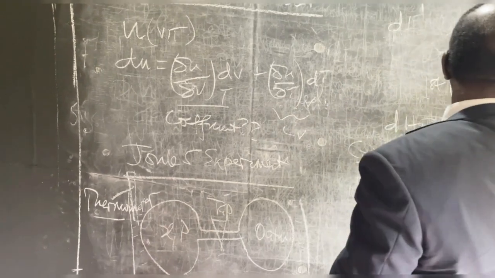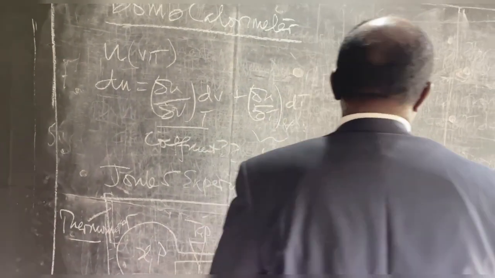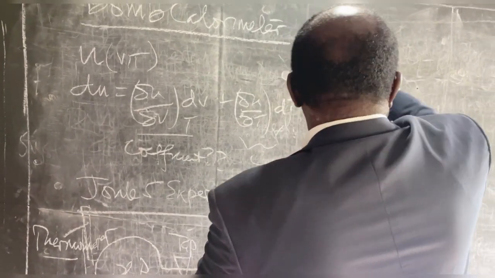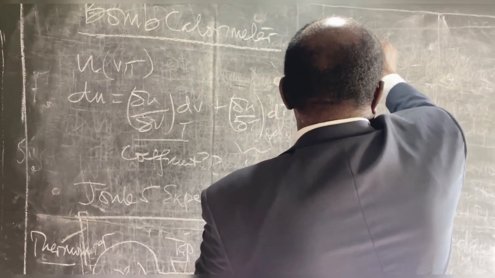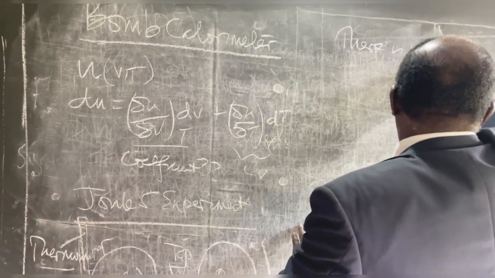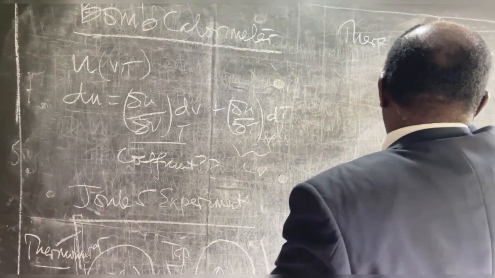Now, in the Joule experiment, when you do this empirically, there is no temperature change. So what does that mean? It means that dT is equal to 0.